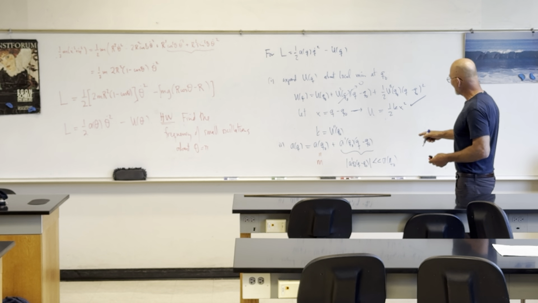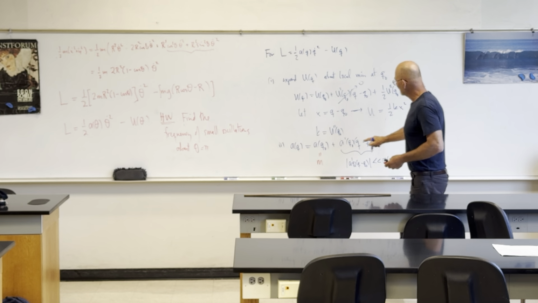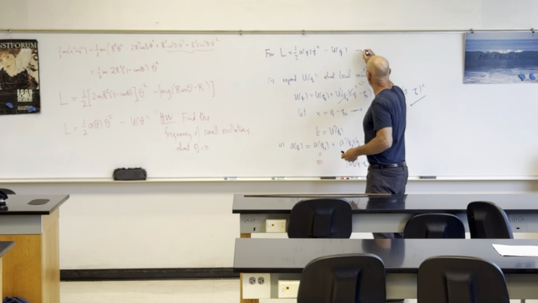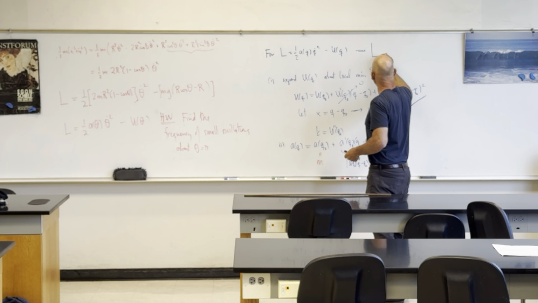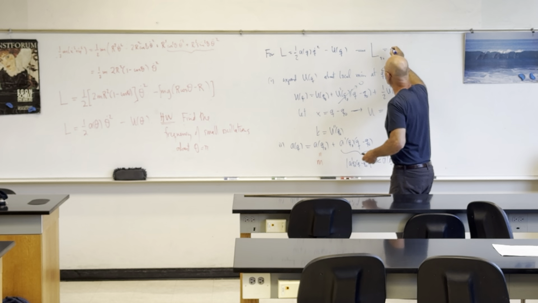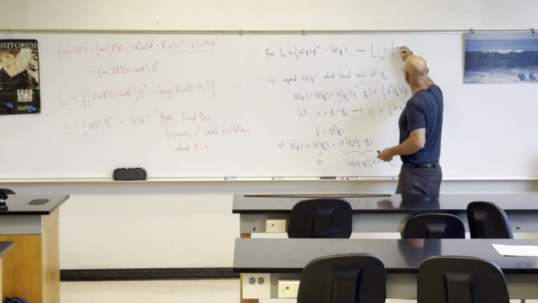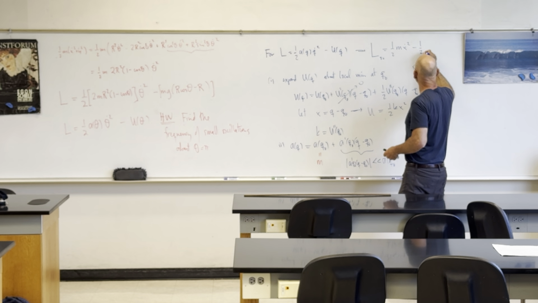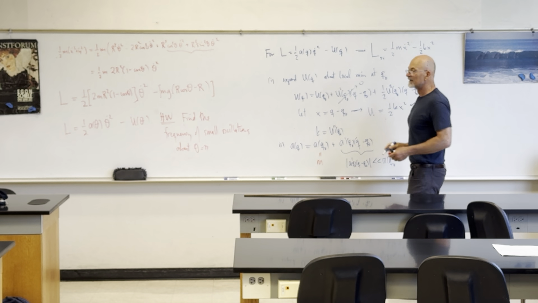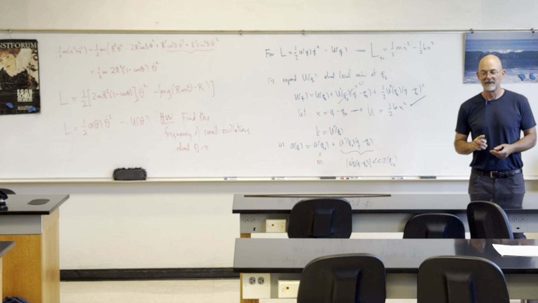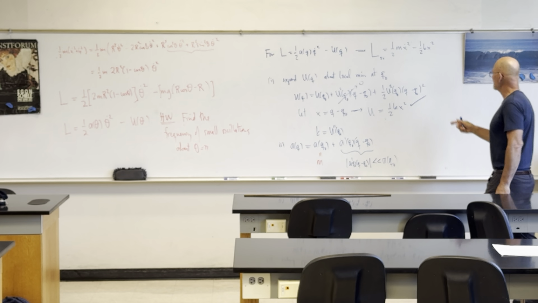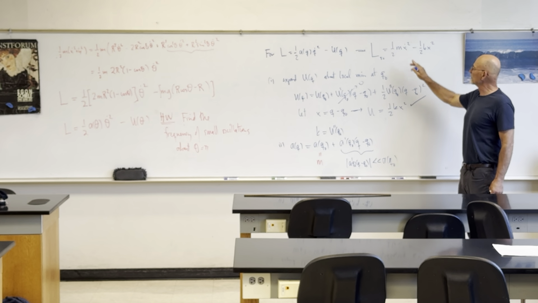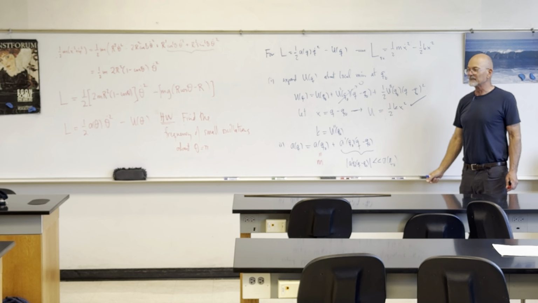Because having done that, having done these 3 steps here, we get what we're going to call the small oscillations Lagrangian. It now looks just like our simplest case. This is T minus U. In fact, once we look at this, we know the answer. We know what's going on.